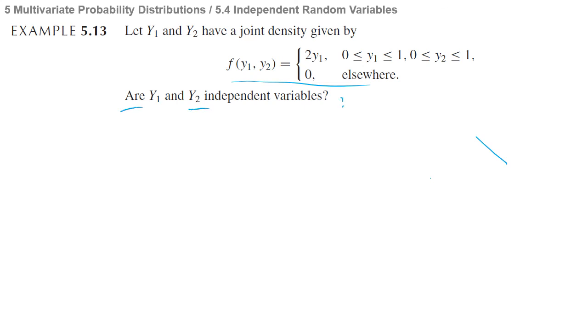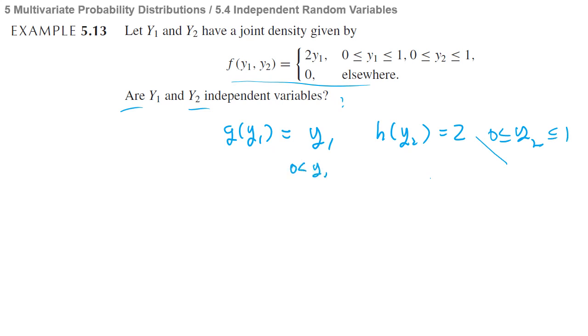Here, if we define g(y1) as y1, and h(y2) as 2, and y2 is from 0 to 1, and y1 is from 0 to 1, then what we can say is that f(y1, y2) is actually g(y1) times h(y2).